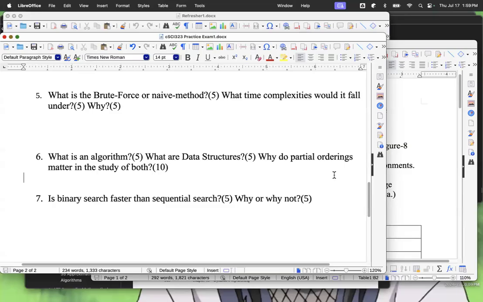Different data structures have different benefits and drawbacks for different purposes. Partial orderings matter in the study of both algorithms and data structures because in algorithms they basically lay out the specific steps to do. And in data structures, partial orderings matter when it comes to actually representing the data within a data structure.